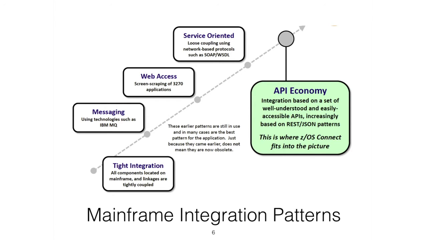So what are the mainframe integration patterns? What are the typical patterns that we used for mainframe systems and distributed systems to communicate with one another, right? This is a hierarchy of all the software architecture and implementation patterns that have been seen. First, all the components are tightly integrated. They call one another through RPC.